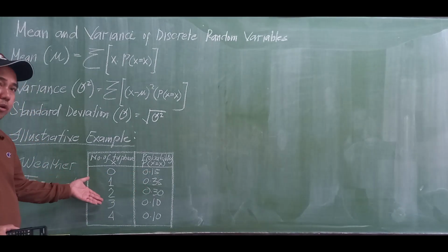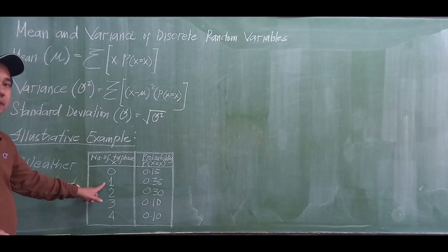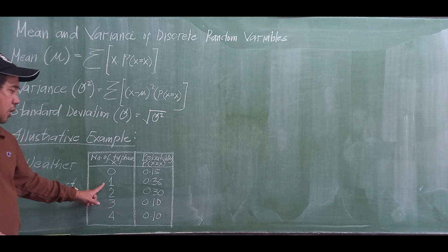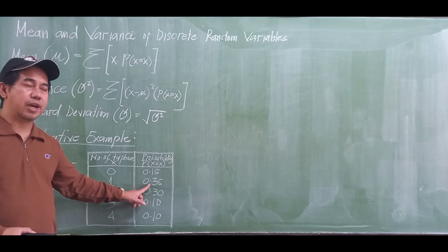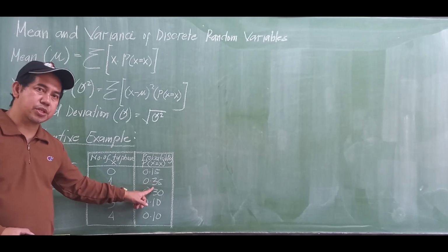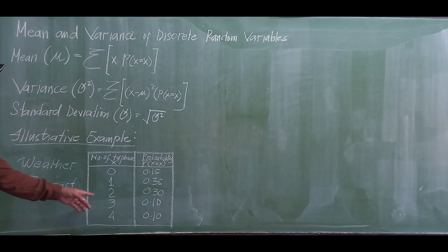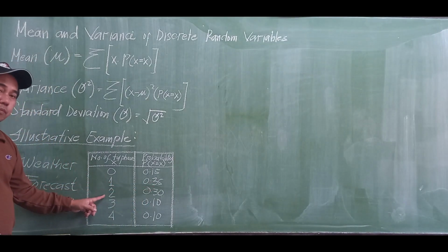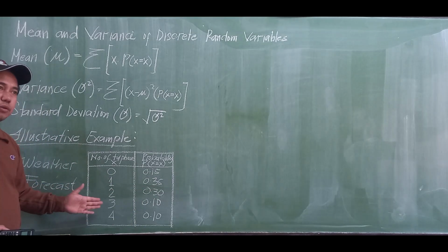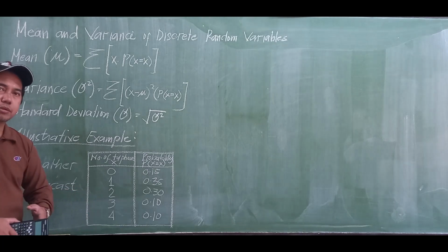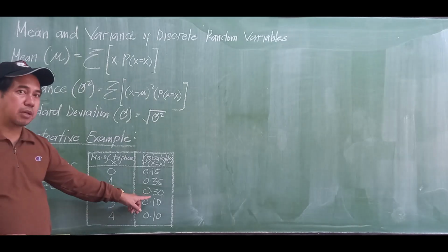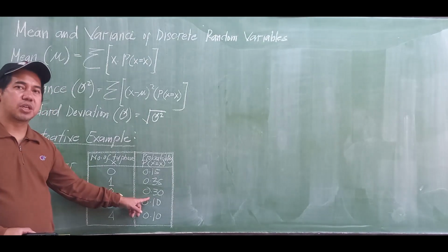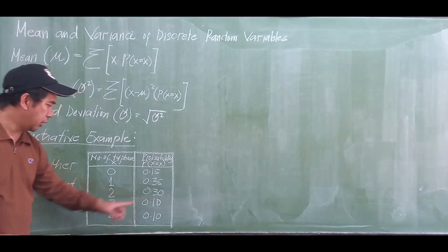Another one, in a month there is only one typhoon that we experience. The corresponding probability is 0.35, or 35%. Next we have 2. In a month, there might be 2 typhoons, especially during the rainy season, with a probability of 30%, or 0.30.